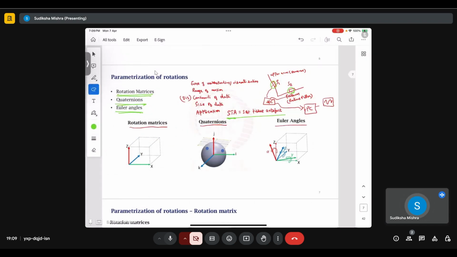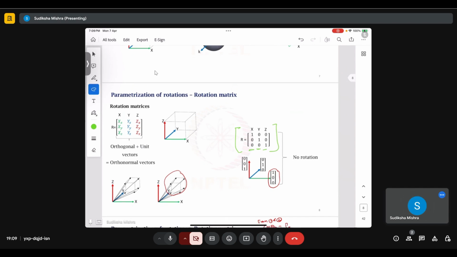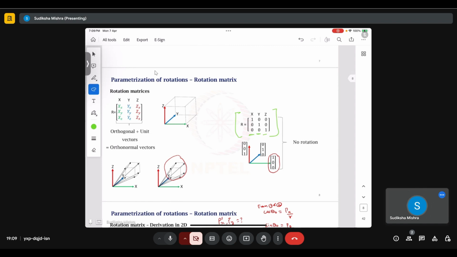So, three different parameters: rotation matrices, quaternions, and Euler angles. Coming to rotation matrices, this is essentially the rotation if the xyz axes were to rotate with the object without changing the angle between the object and the axes; the resultant rotation is called a rotation matrix.